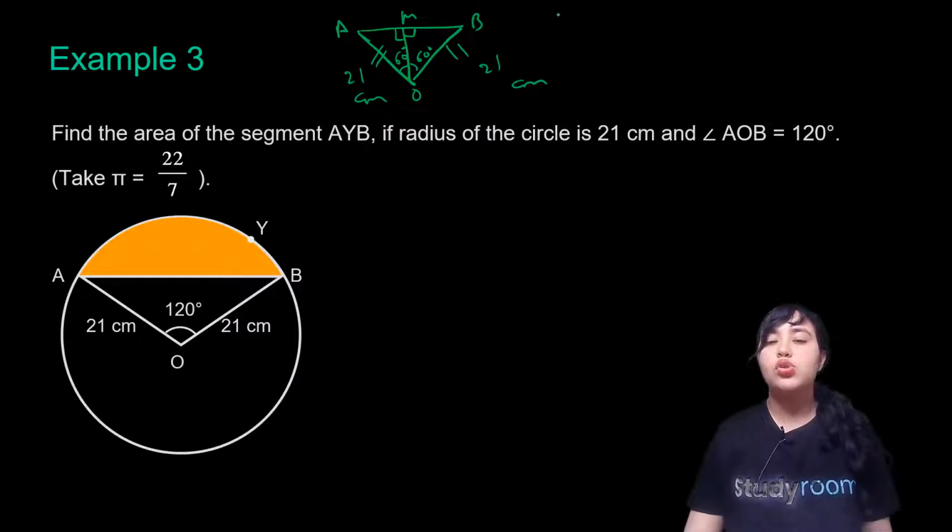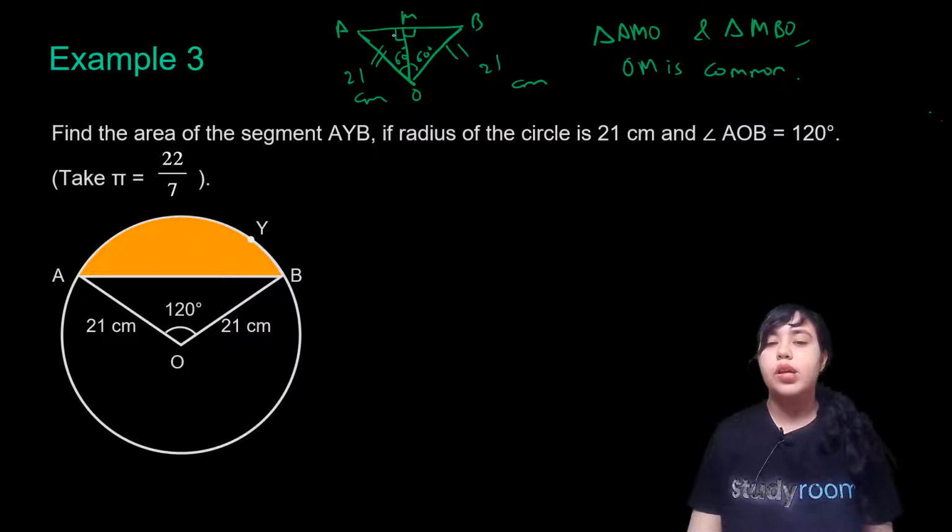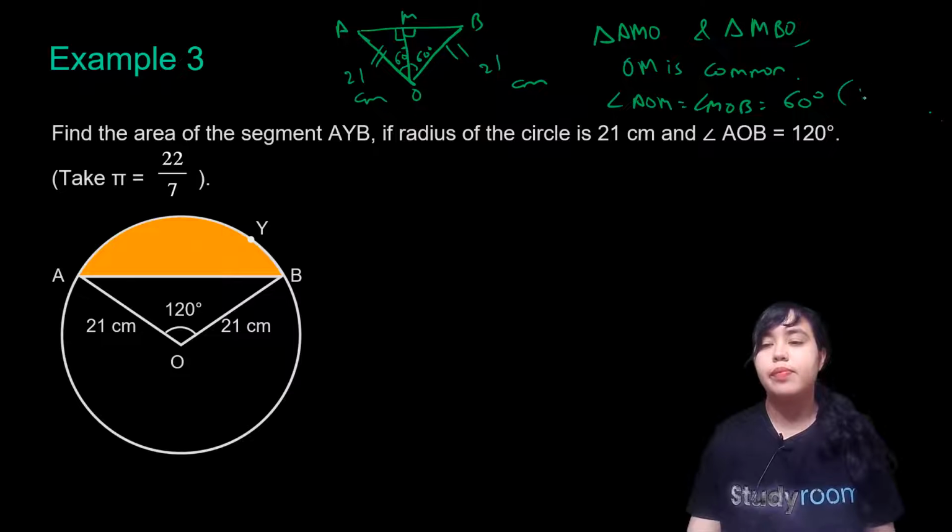So now we are getting two triangles basically. Consider triangle AMO and triangle MBO. What do you notice here? That this OM side is common. We just saw that OM is bisecting angle AOB, so I can say angle AOM and angle MOB are equal. They are equal to 60 degrees because OM bisects angle AOB.